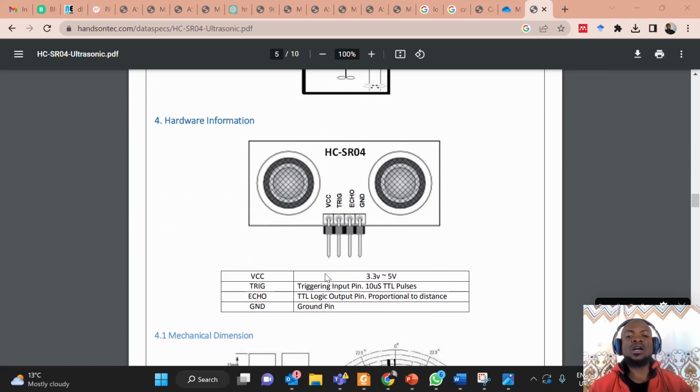So this sensor has 4 pins. It has the VCC, the trigger, the echo, and ground. Like I told you, the VCC and ground is for the power. So you can power it through the 3.3 to 5 volts pin of your Raspberry Pi.